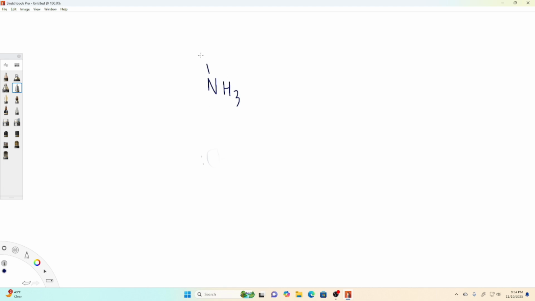So nitrogen has 5 valence electrons. Hydrogen only has 1, but there's 3 hydrogens in this molecule. So we're going to do 1 times 3. So 5 plus 1 times 3 is 8. So this molecule has 8 valence electrons in total.